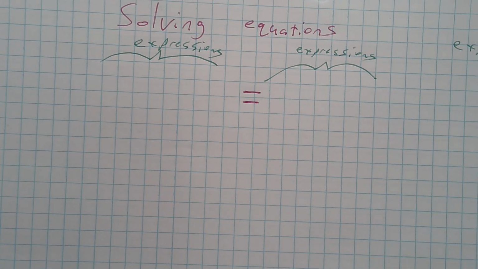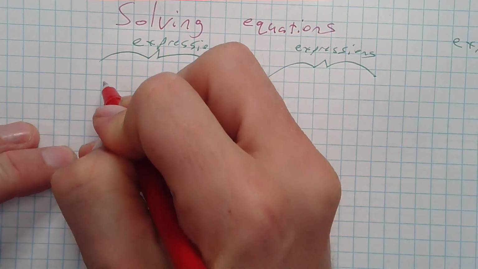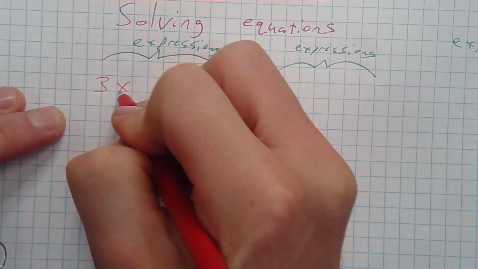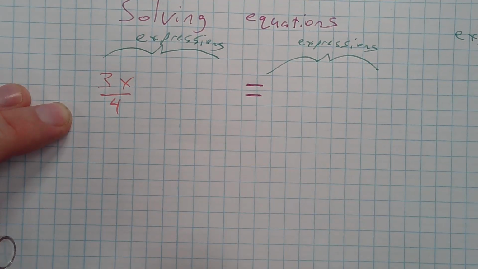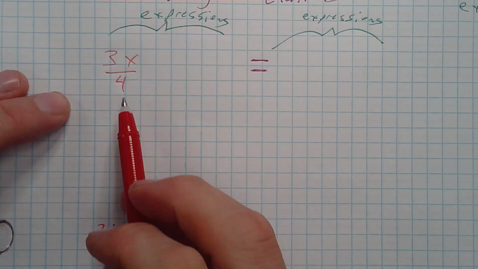So for instance, I'm going to make my variable term red. I have 3x divided by 4, also known as 3/4 x, but typically it's written like that.